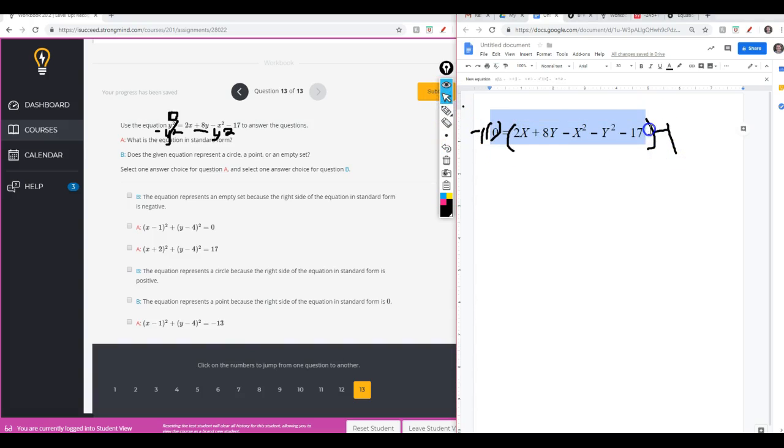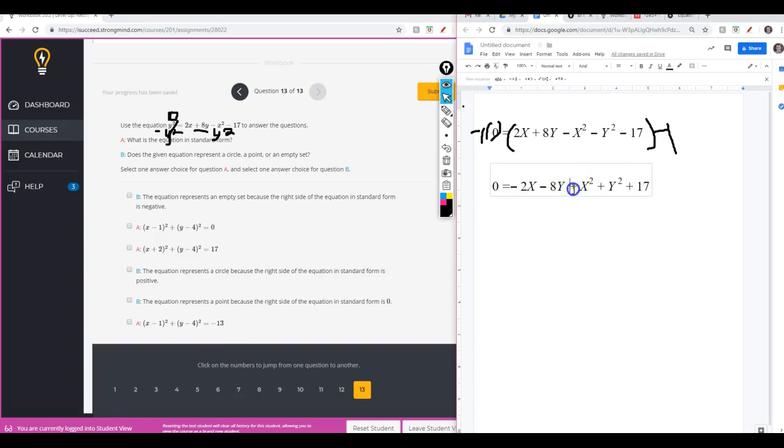So we would actually end up with -1 times 0 is 0, -1 times 2x is negative 2x, -1 times 8y is a negative 8y, -1 times a negative x squared is a positive x squared, -1 times a negative y squared is a positive y squared, and -1 times a negative 17 is a positive 17.